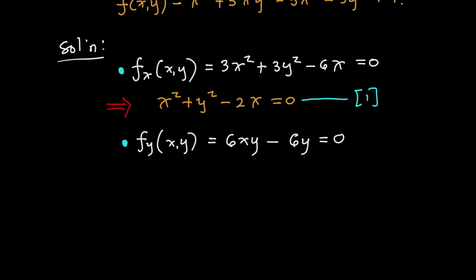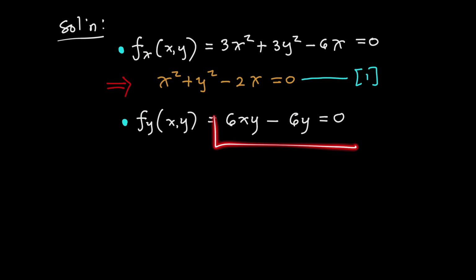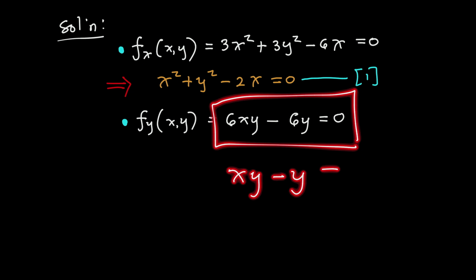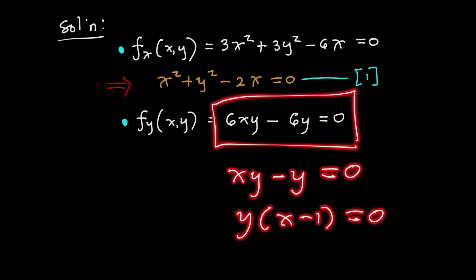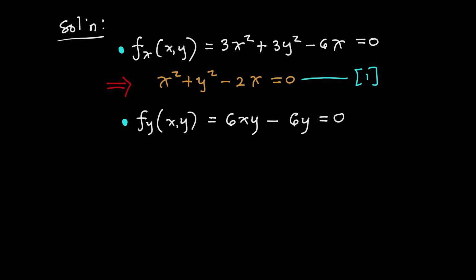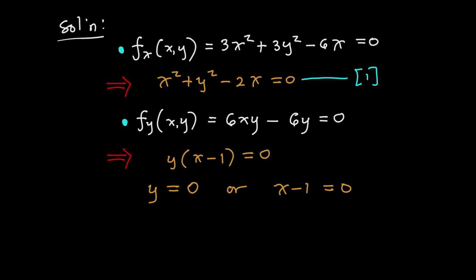If we divide this part of the equation by 6, we have xy minus y equals 0. Factoring out y, we are left with y times x minus 1 equals 0. This gives us y equals 0 or x minus 1 equals 0, and we have x equals 1 in this part.